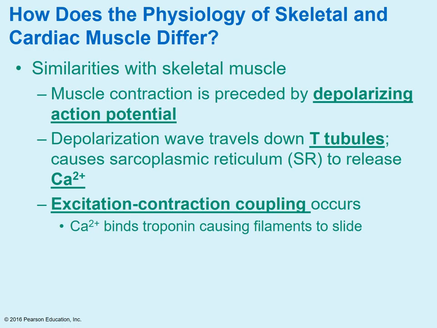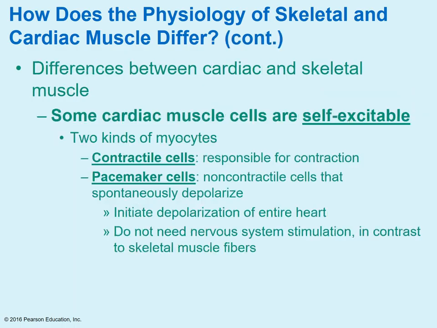The depolarization wave is going to travel down those T-tubules. It's going to cause the sarcoplasmic reticulum to release calcium. And there's going to be some coupling that will occur in terms of the calcium binding to troponin, and sliding filaments.